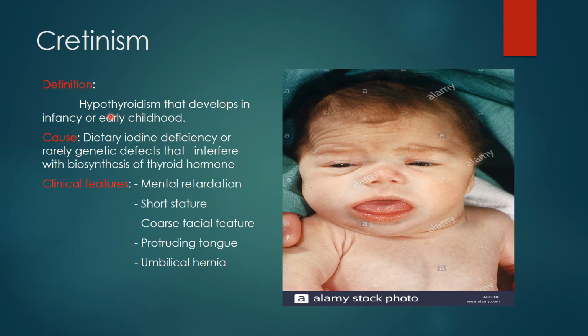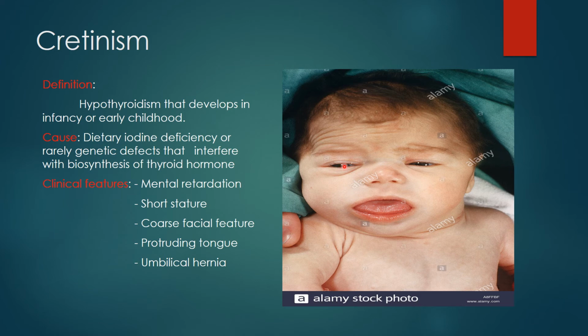So there are two entities: one is cretinism, the other is myxedema. Cretinism is hypothyroidism that develops in infancy or early childhood. The cause is dietary iodine deficiency or, rarely, genetic defects that interfere with biosynthesis of thyroid hormone.